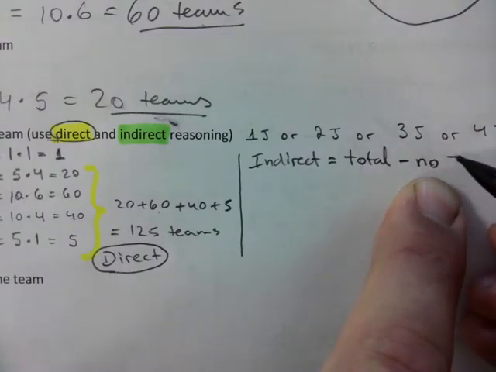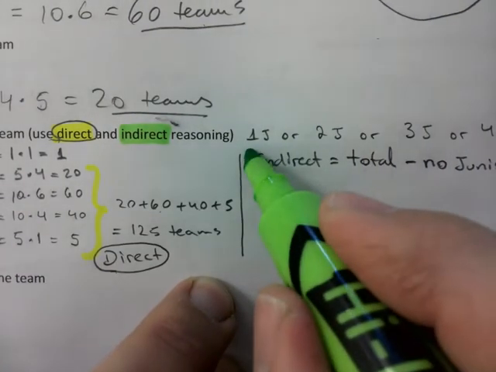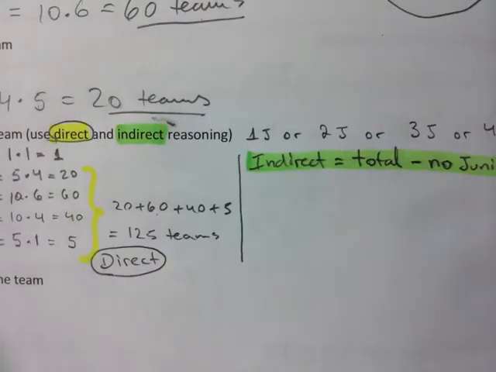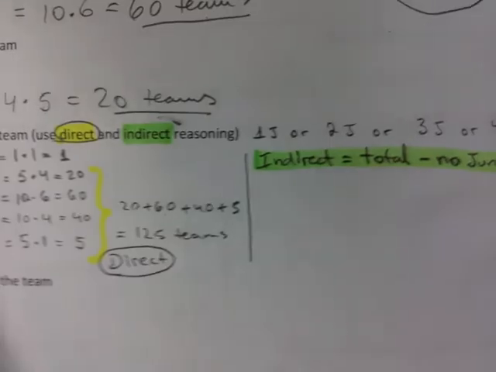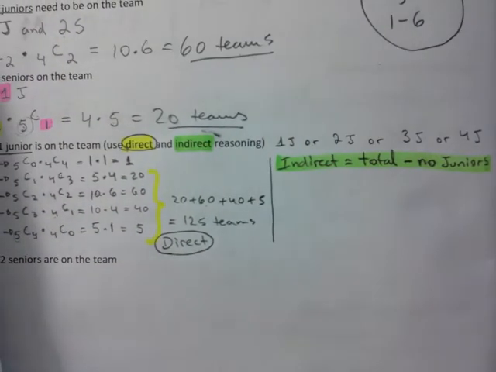No juniors, right? This is indirect reasoning. Indirect is taking the total minus no juniors.